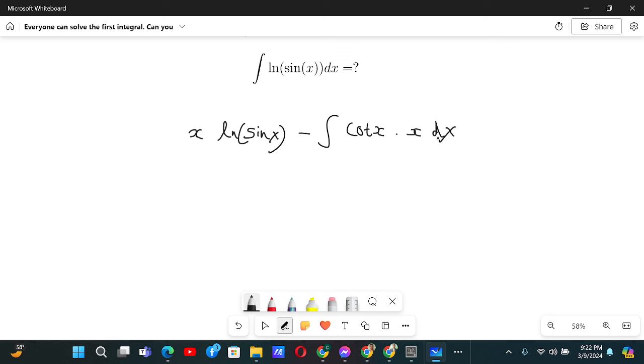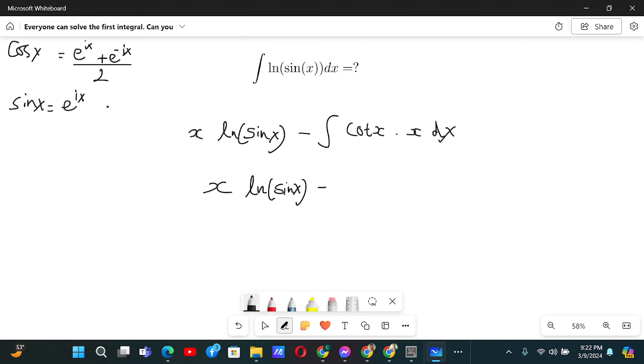And now to further simplify this, we can use the complex definition of these trigonometric functions. Basically we have cos x as (e^(ix) + e^(-ix))/2, and sin x as (e^(ix) - e^(-ix))/2i.